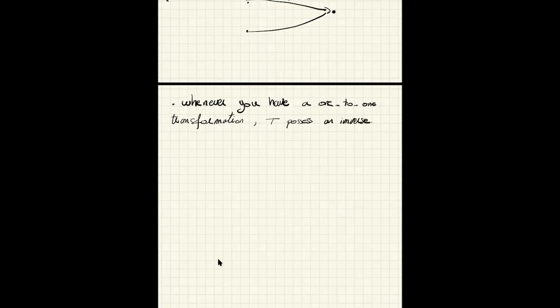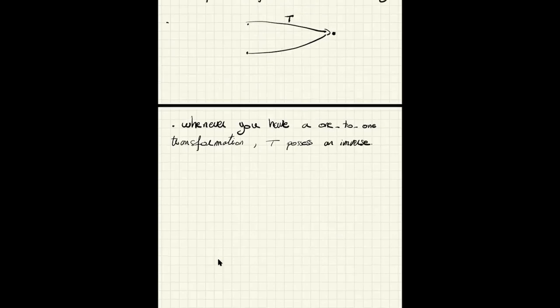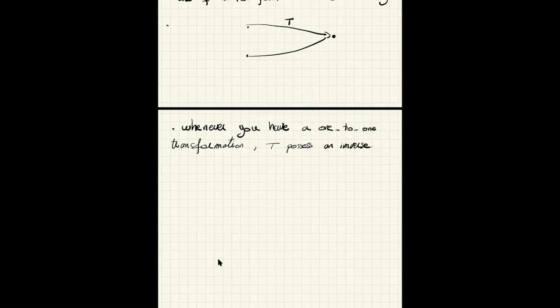Because if two points give you the same point, you cannot define the inverse of that point. Suppose this is x0, y0, and this is u1, v1, and this is u2, v2. What's the inverse of x0, y0? It's not defined.